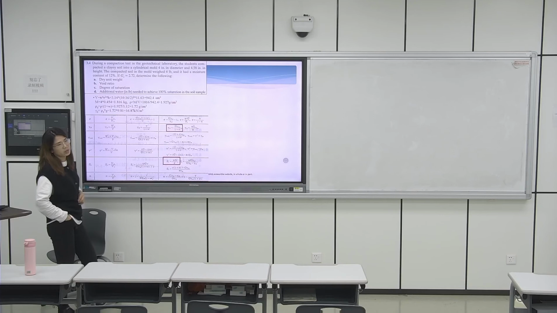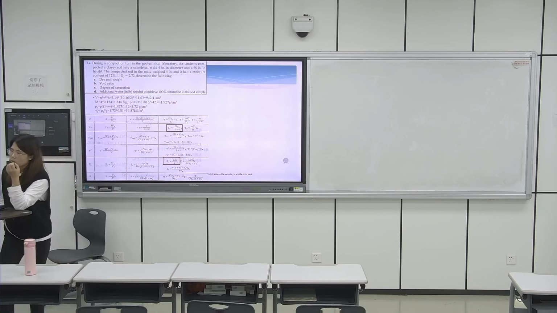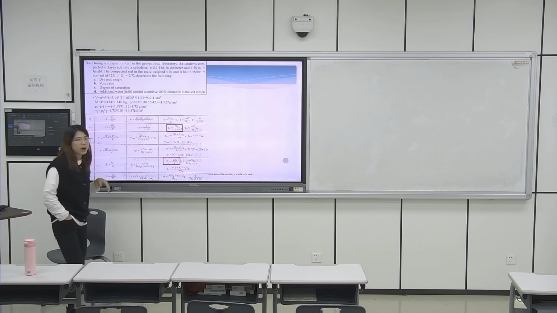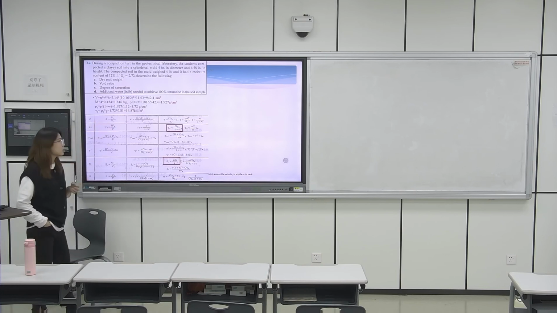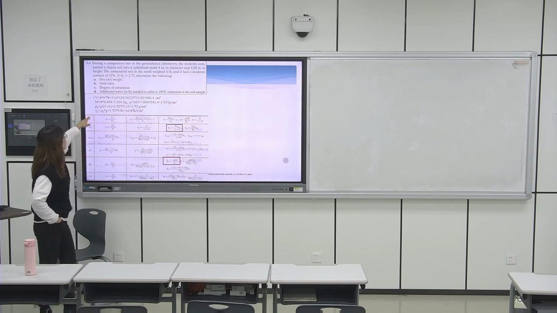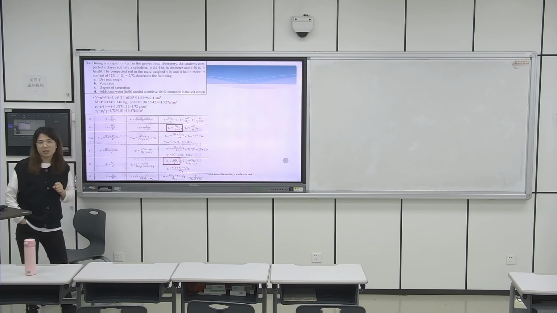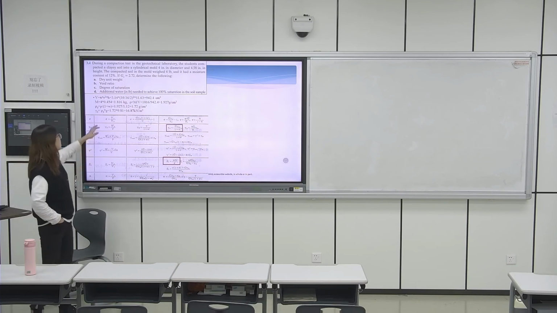Keep in mind the relationship between weight and mass: weight equals mass multiplied by gravity. It is the same for unit weight and density. Unit weight equals density multiplied by gravity. So this is actually easy.